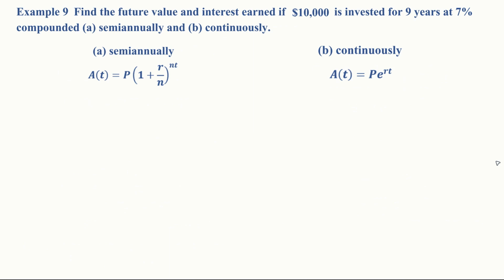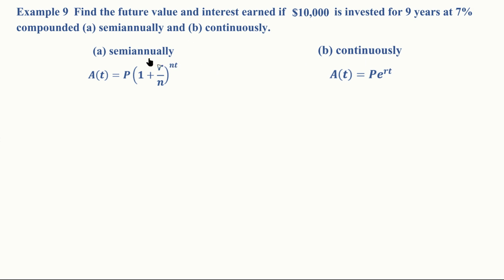Let's go ahead and do a few application problems to bring all this to life a bit. Okay, so in this problem, we want to find the future value and interest earned if $10,000 is invested for 9 years at 7% compounded semi-annually and then continuously. So these are two different problems that we're going to be looking at.